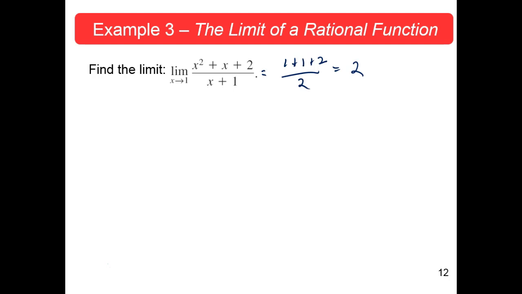X equals 1.00001, or 0.9999999. You can still plug it in. But x equals -1, can't do it. And there's not much way around it either. You just can't do it. At that place, it would not have a limit.